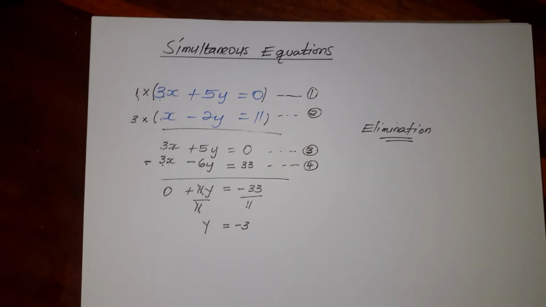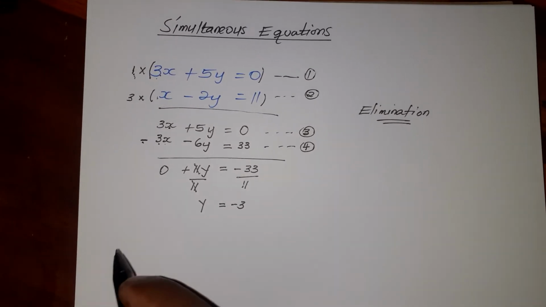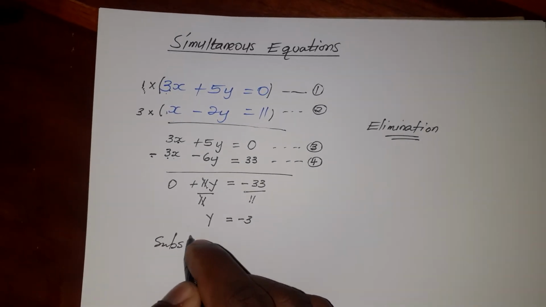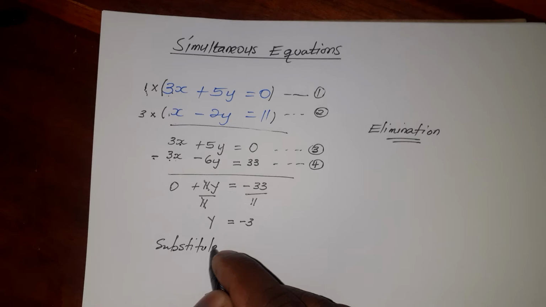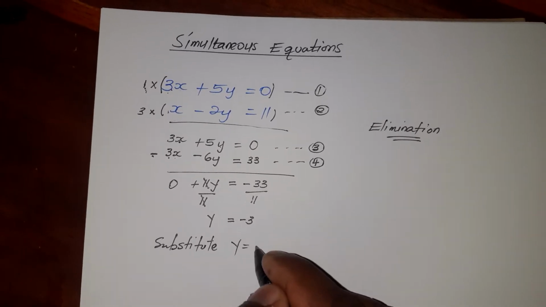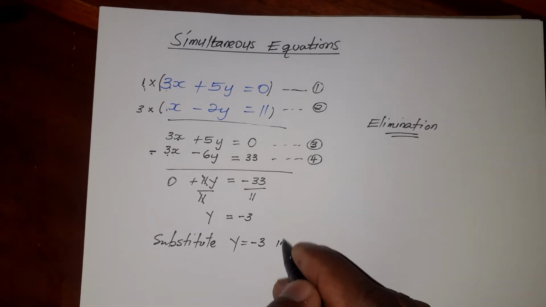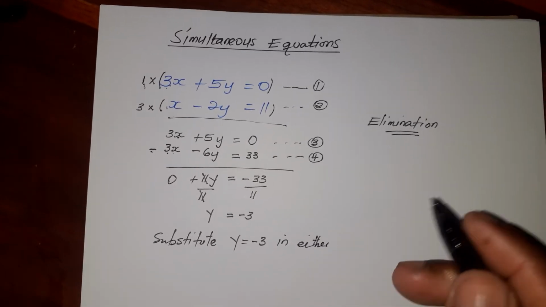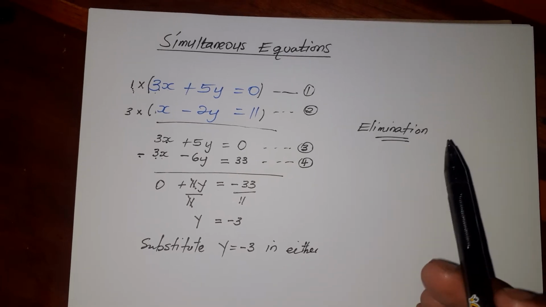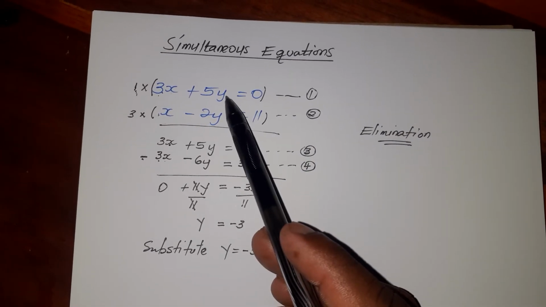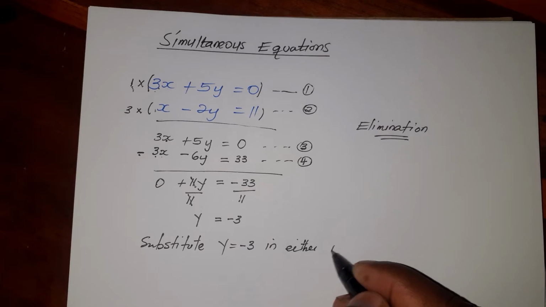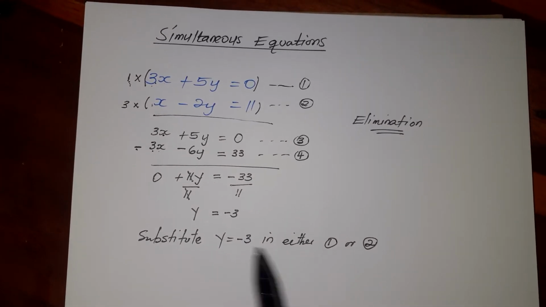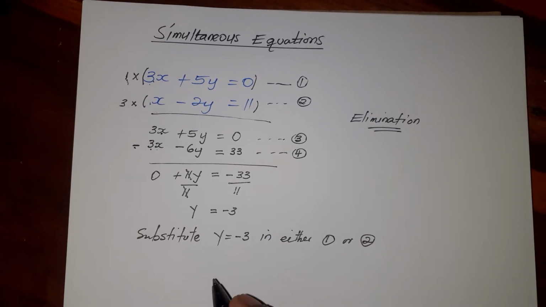Now, after we have the value of y, what we now need to do is substitute y equals negative 3. Here you can choose. You can either work with equation number 1 or equation number 2. In this video, we are going to choose equation number 1.